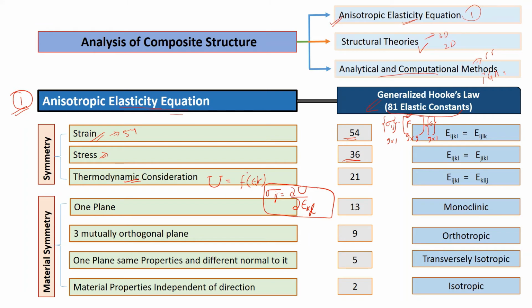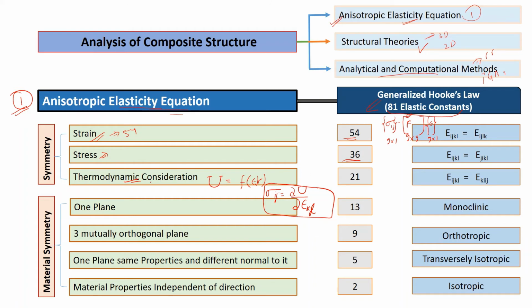This is also interrelated: sigma ij is del U upon del epsilon KL, or sigma KL would be del U upon del epsilon ij. So it would be symmetric again.